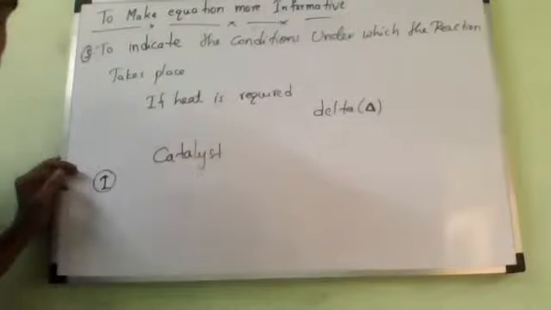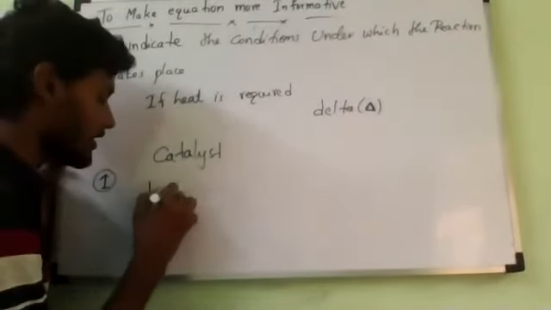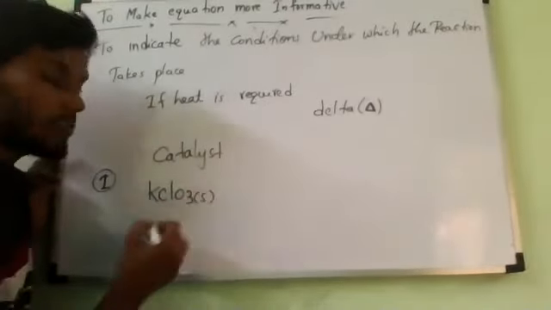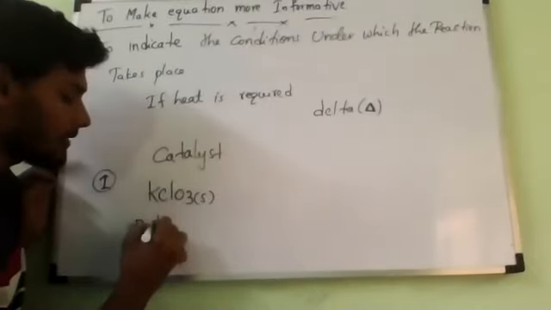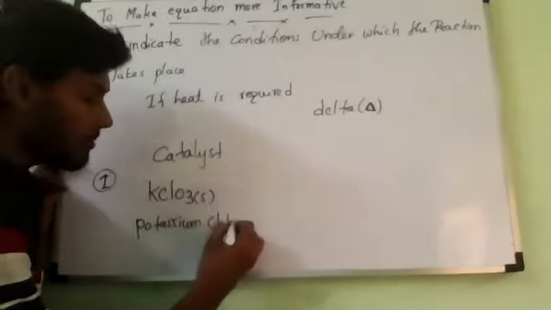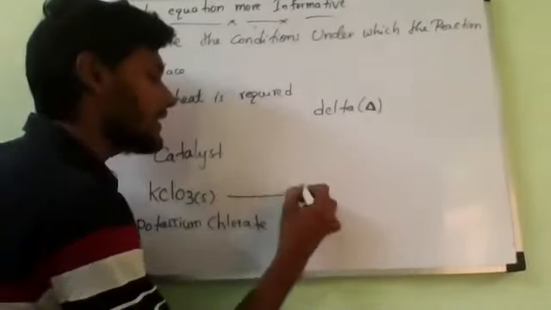Let us take the decomposition of potassium chlorate. What is the formula? KClO3. Do you notice it? Yesterday also I taught you balancing equations. Have you remembered or not? Potassium chlorate will start heating.